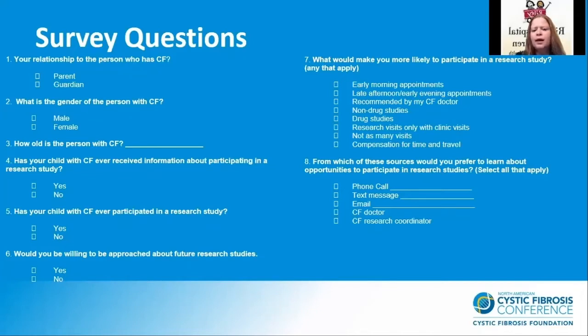This was a multiple answer question. The choices were early morning, late afternoon, or early evening; those recommended by their CF doctor; non-drug studies; drug studies; research visits that only coincided with their clinic visits; those with not as many visits; and compensation for time and travel.